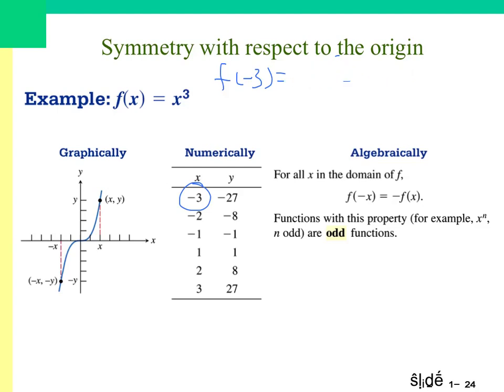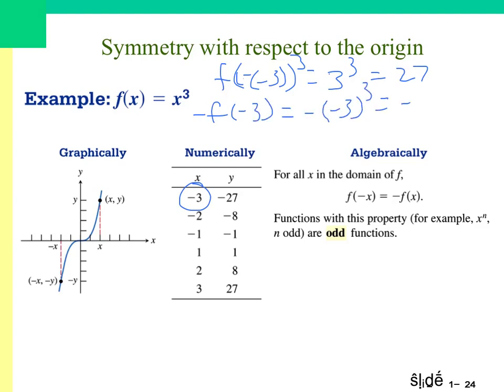The negative was inside. So really, this should have been f of -3, like that, equals, well, that would be 3 to the third, so 27. And then negative f of -3 equals negative, which is negative times -27, which is still 27. Okay?